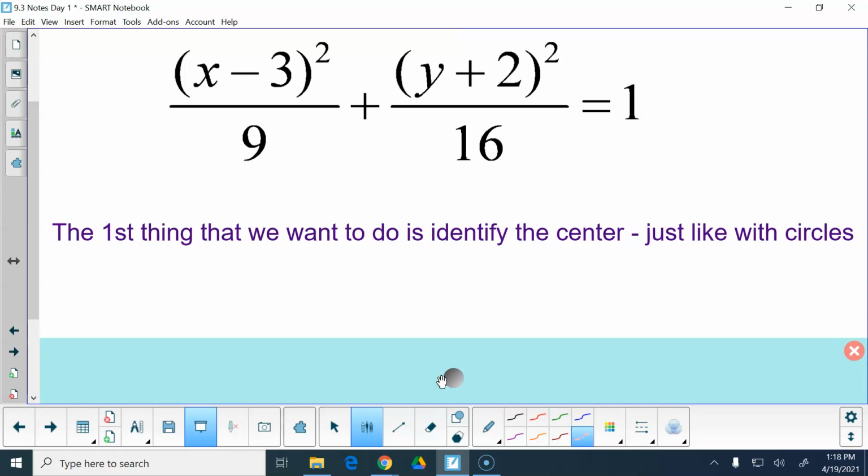Just like with circles, just like with parabolas, we remember that we are thinking oppositely inside a set of parentheses. So I'm looking here and I'm looking here for my center. With that being said, what is the center of this ellipse?